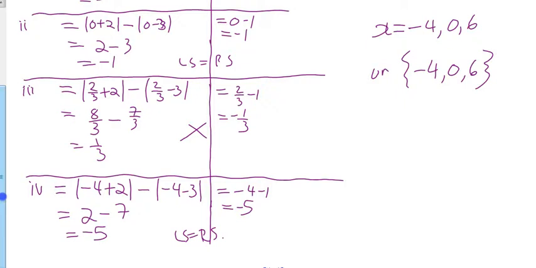Okay, let's do one more, and I'm just going to show you an alternate method. Okay, so we know that whatever the result of this is, it has to be positive.